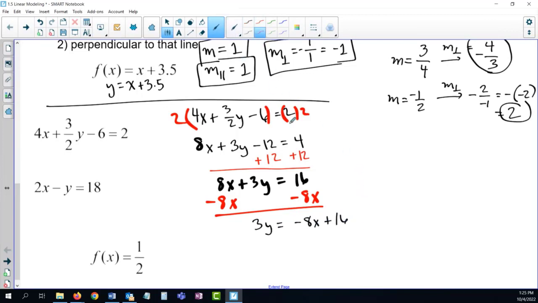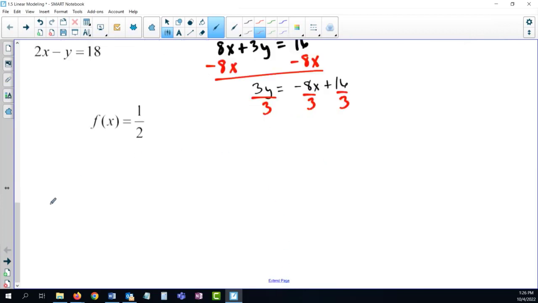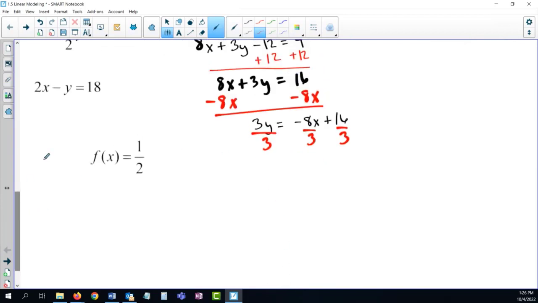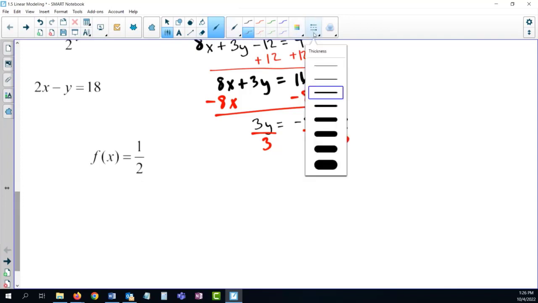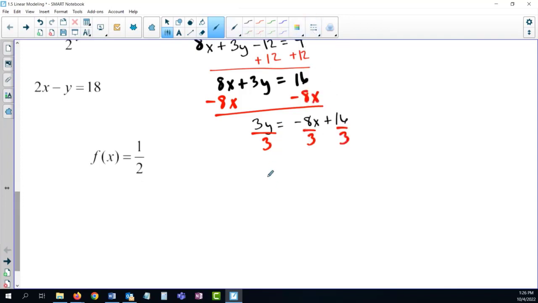Y is almost by itself. It's currently multiplied by 3. I need that 3 to go away, so I'm going to divide by 3. If I do it to one term, I have to do it to all of them. And I end up with y is equal to negative 8 thirds x plus 16 thirds.